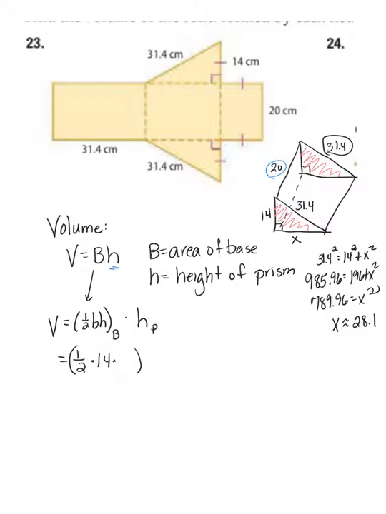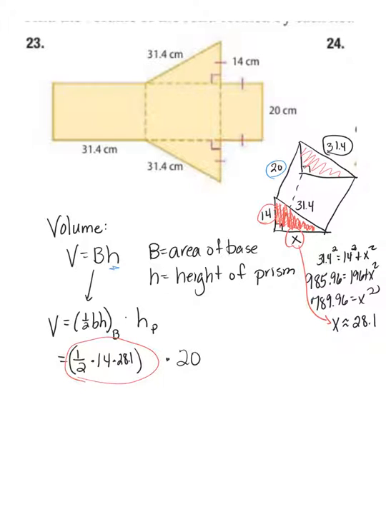So over here, I'm going to put that 28.1, since now I am finding the area of one of these triangles. 1/2 its base times its height, which we just found. Now I'm going to multiply that by the height of the prism, which is the 20.